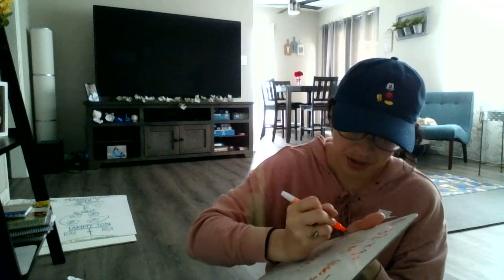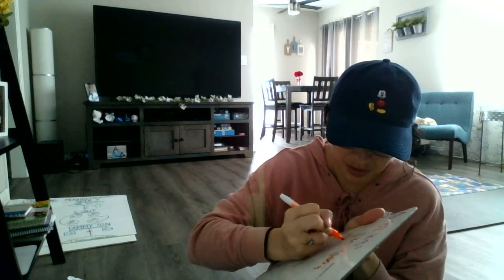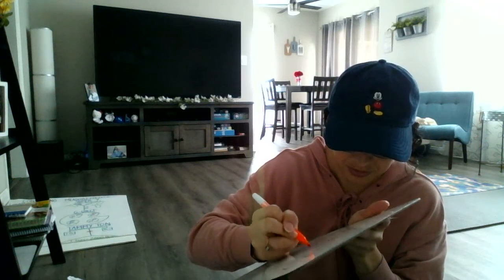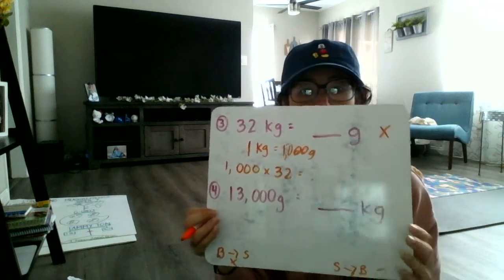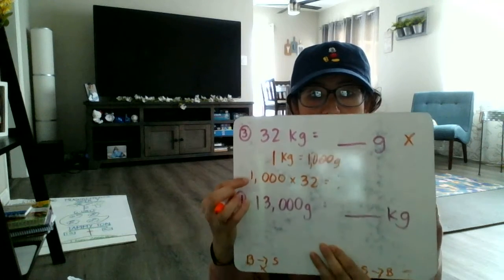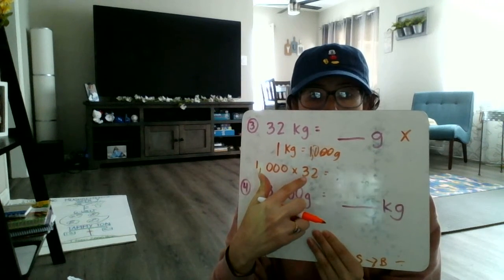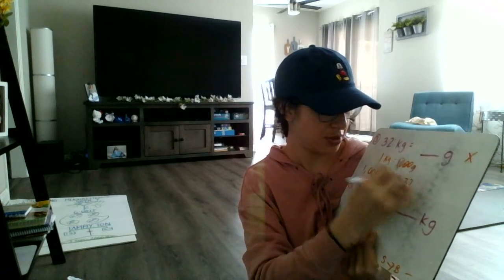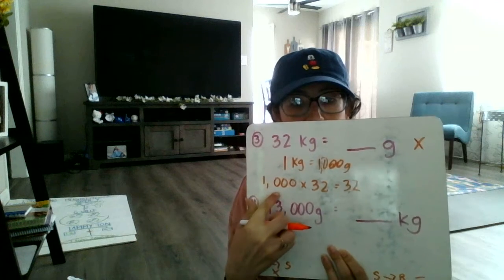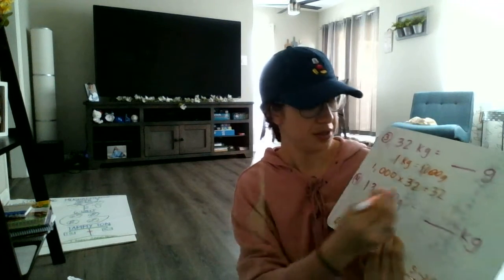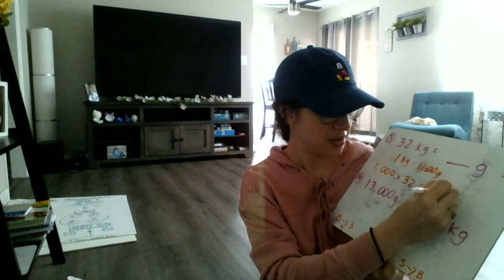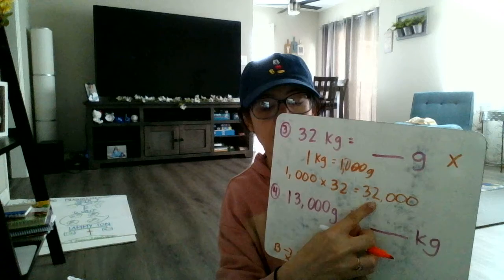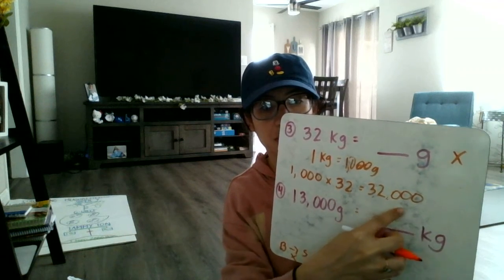So if we write 1,000 times 32, we're still going to multiply 1 times 32, which we all know is the same number, 32. How many zeros do we need to add? 3. So our answer is 32,000. That's it, 32,000.